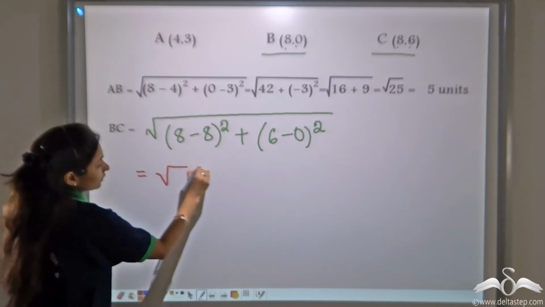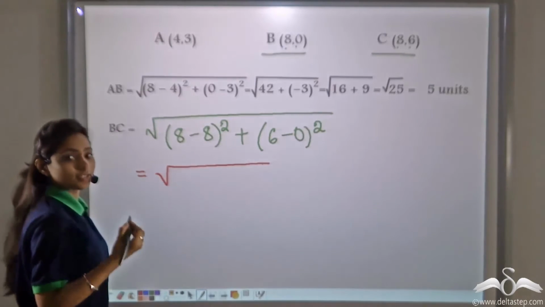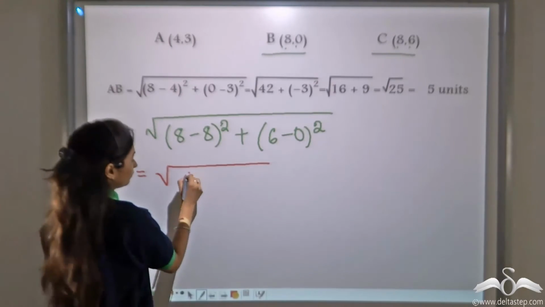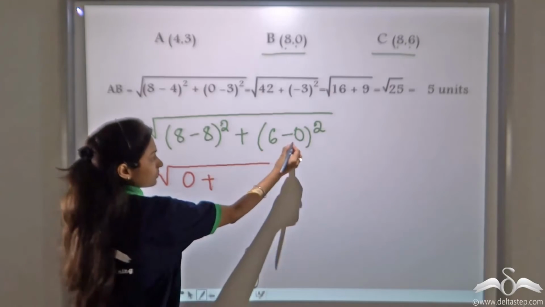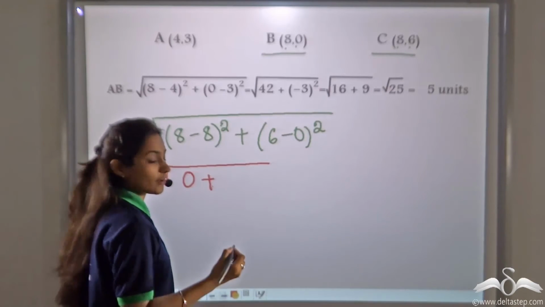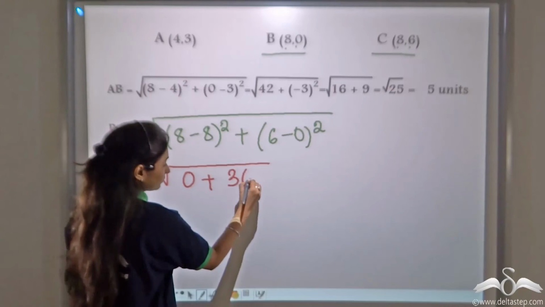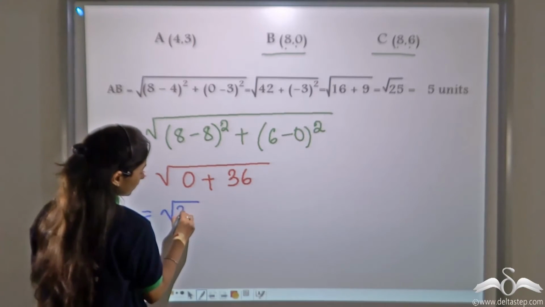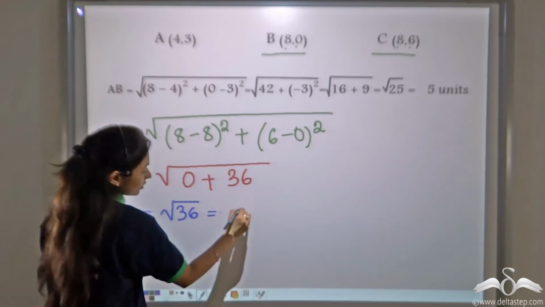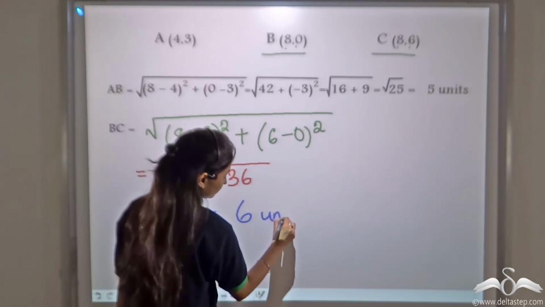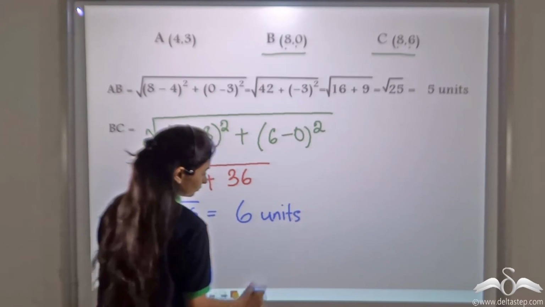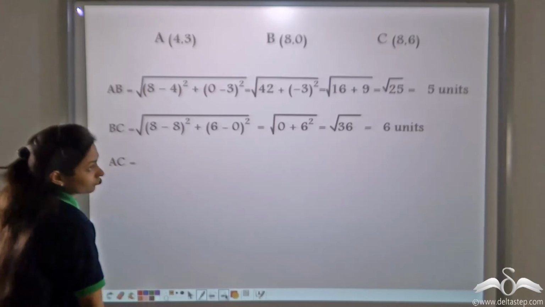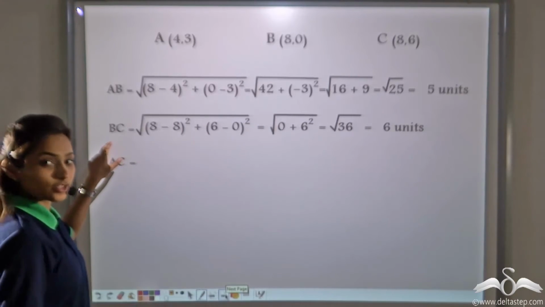This will give us 8 minus 8, that is 0. 0 square is 0. Plus 6 minus 0 is 6. 6 square is 36. This will give me root over 36, which is 6 units. So we got BC as 6 units.